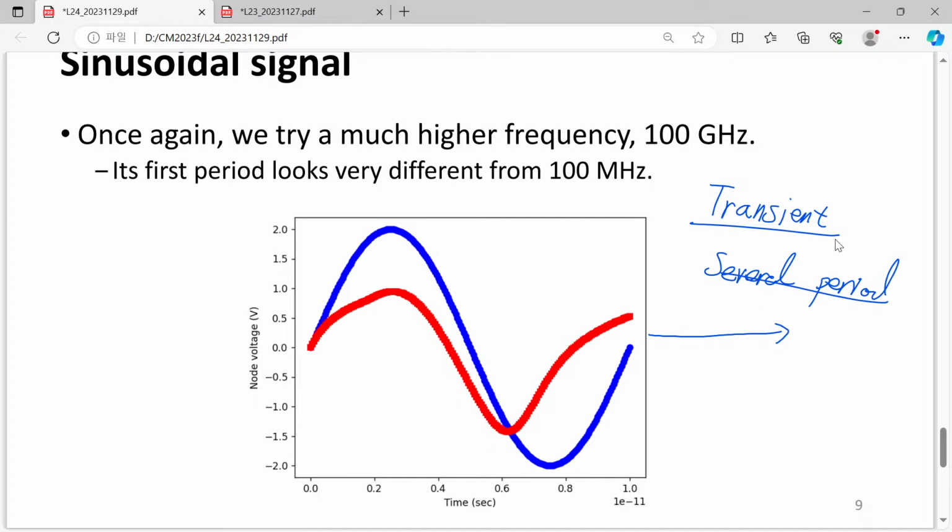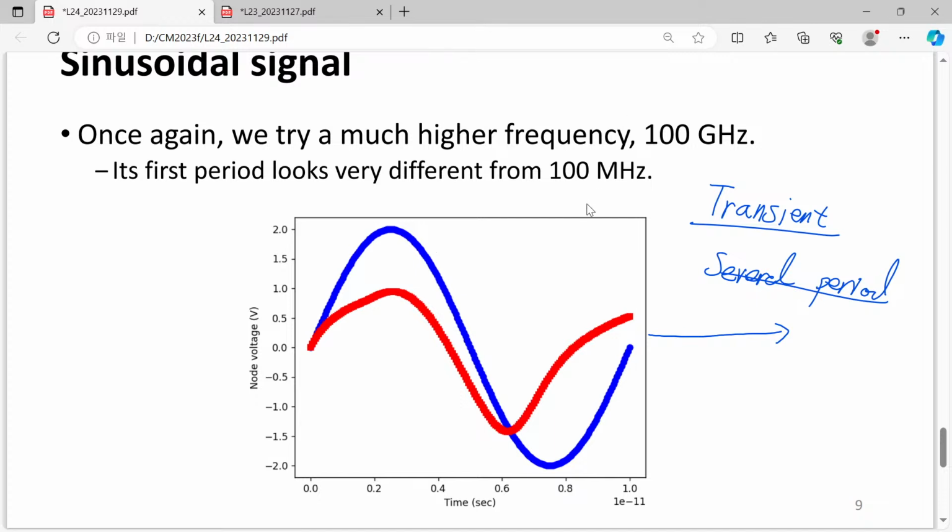So in general, transient simulation is a universal tool to observe the transient behavior or time-dependent behavior of your system. It just follows the physical law of your system and waits a long time, then eventually you will get the ultimate response of this system. That is quite good and straightforward.